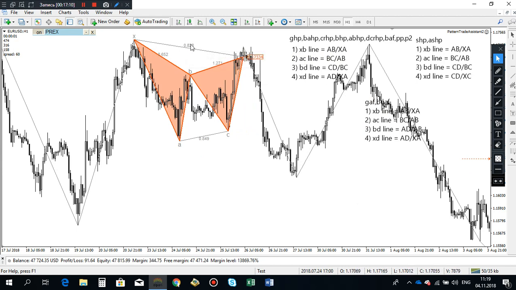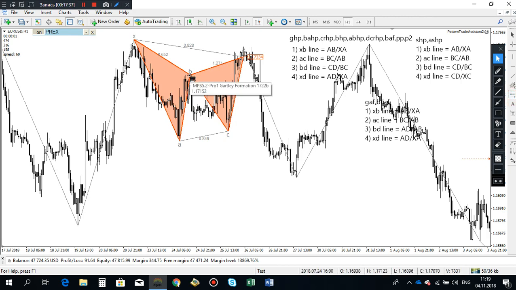Although the Gartley should go to 786, it went to 0.828. It even went further than this level, but this is the guaranteed trigger level. So obviously you were triggered at this level. This 127 is the AB extension.